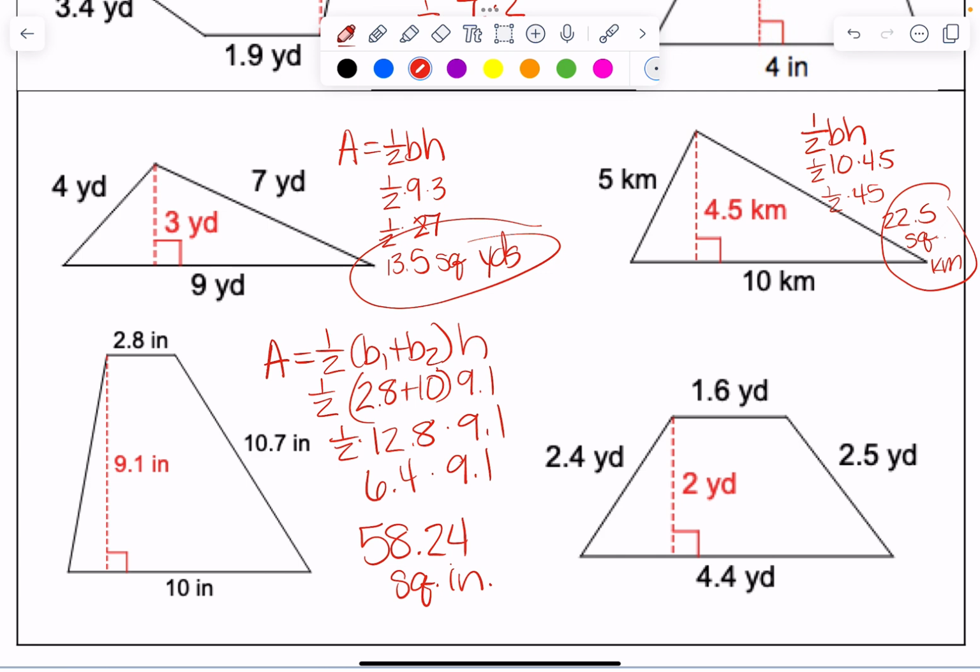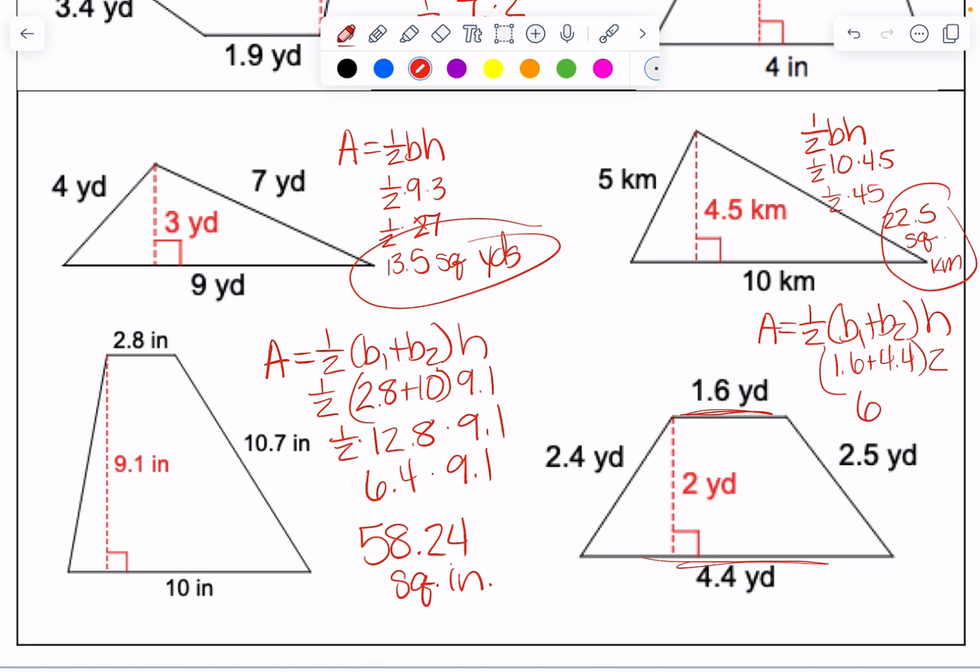And then on this one, again, I have a trapezoid, so start with our formula. And then identify, so my bases are my parallel sides, which are the 1.6 and the 4.4. And my height is 2.